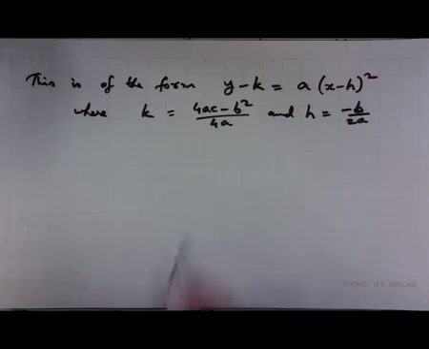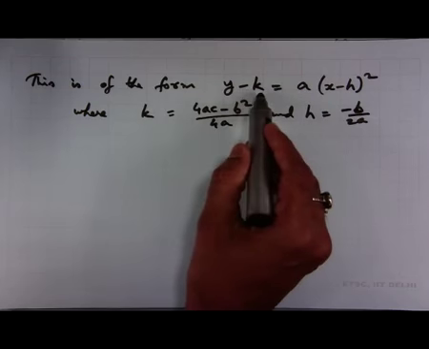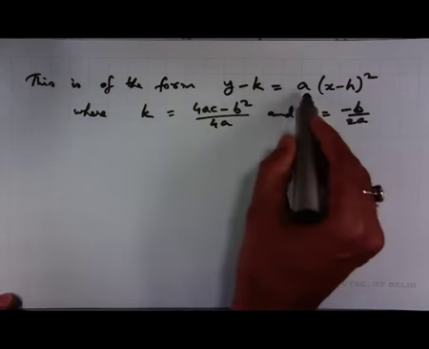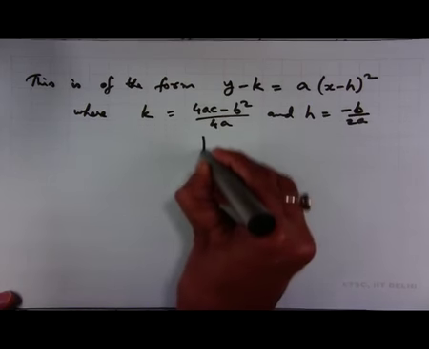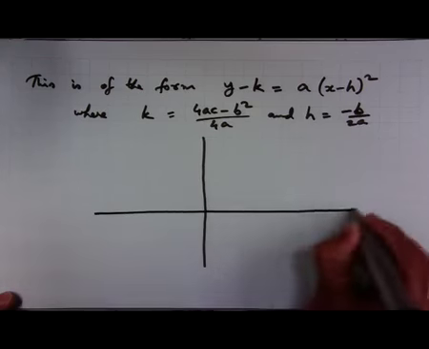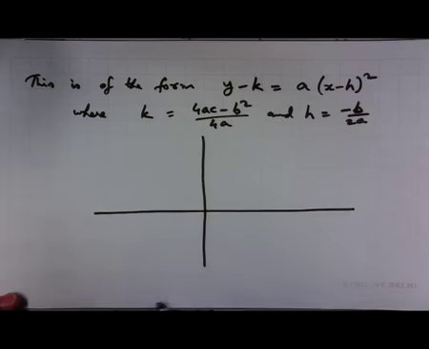So, this is of the form, if I put y minus k as y dash, then we have y dash equal to a times x dash square. So, if we draw the graph of this parabola, you see the vertex is shifted to h comma k.